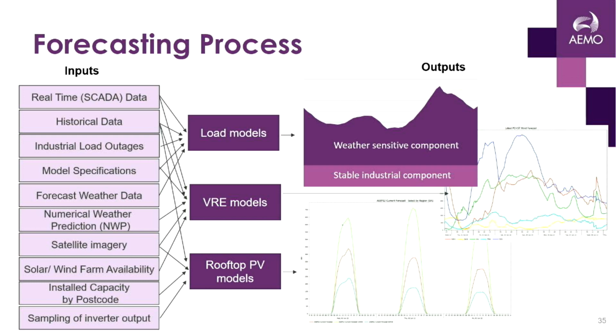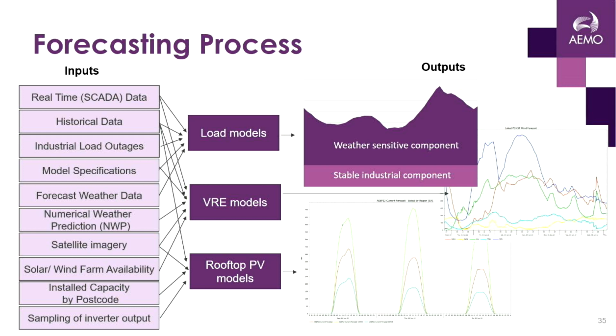This is just a very brief summary of some of our forecasting processes and some of the data flows that Peter touched on earlier. But what this is really highlighting is we take in a vast array of different types of data. We train our models on historic data, we have real-time data, and then the weather. Now that we couple our generation to chaotic weather systems as a fuel source, you can imagine that weather inputs are quite key to the accuracy of our models.